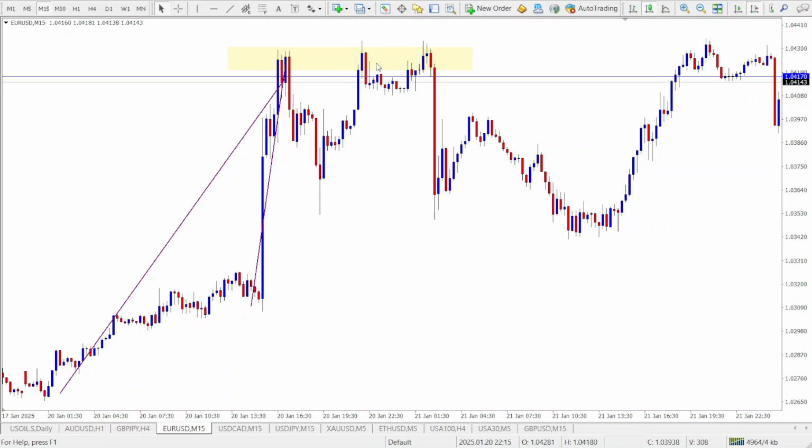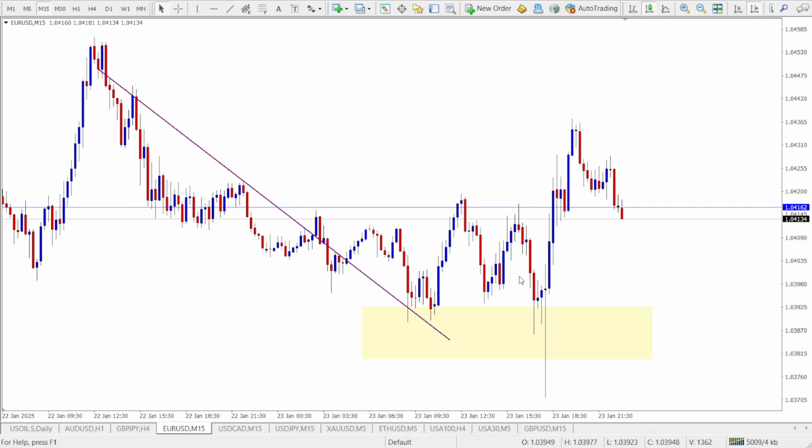We can see such a thing happen around here. Before we had a strong move downwards, we had a brief consolidation, a brief pause, before the strong move happened to the downside.